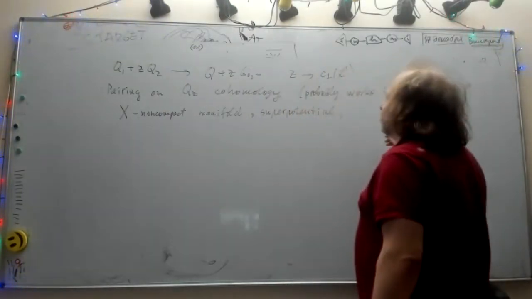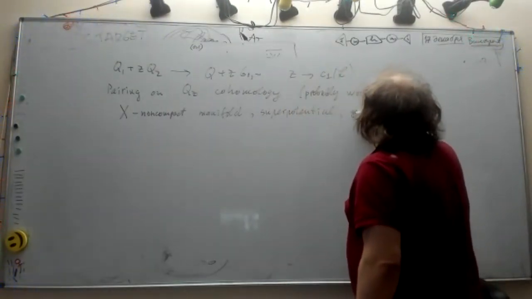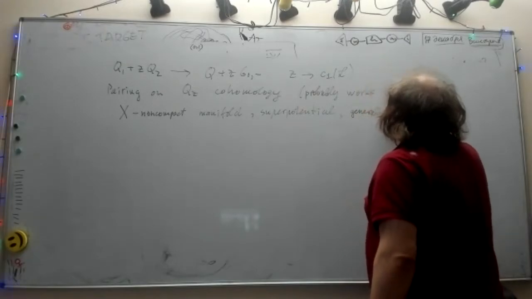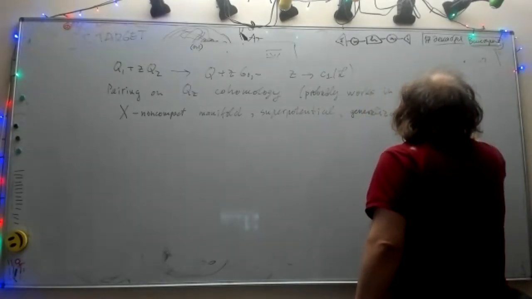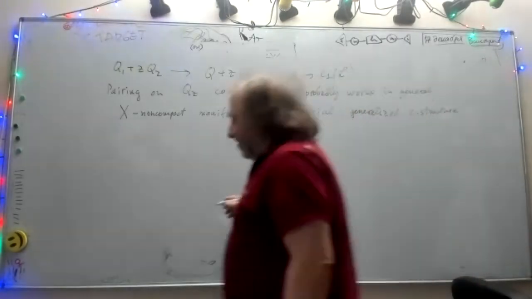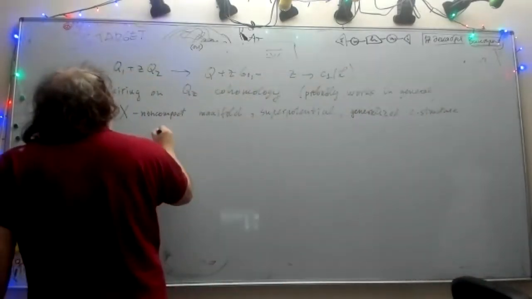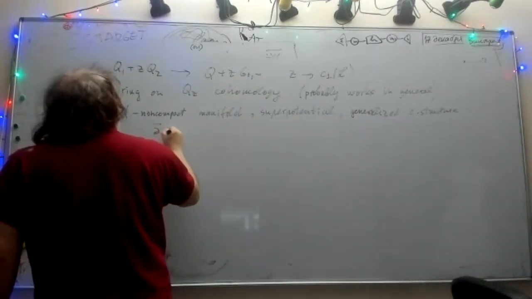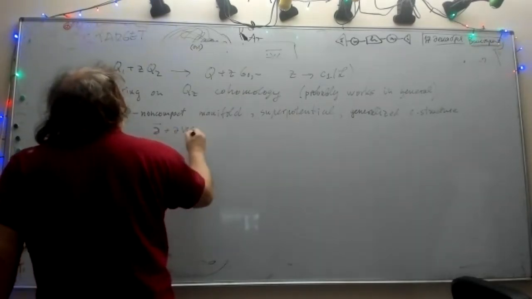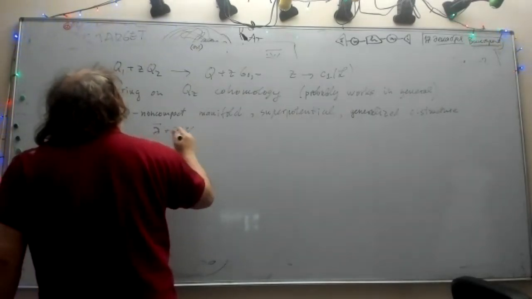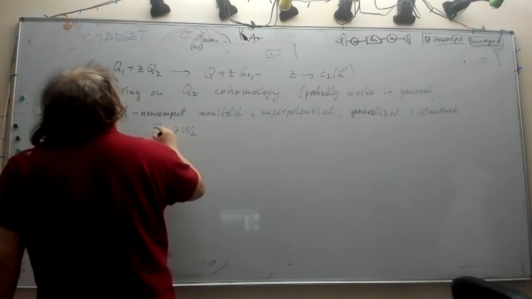And also a generalized complex structure that I'll write like D bar plus DW, DW1.